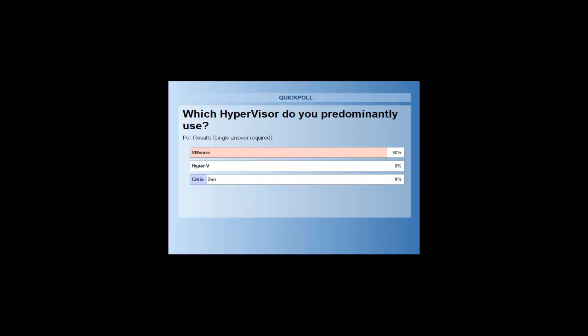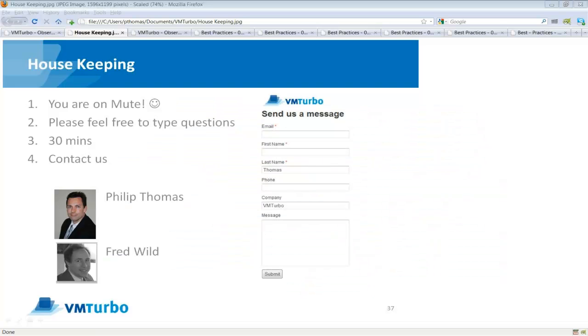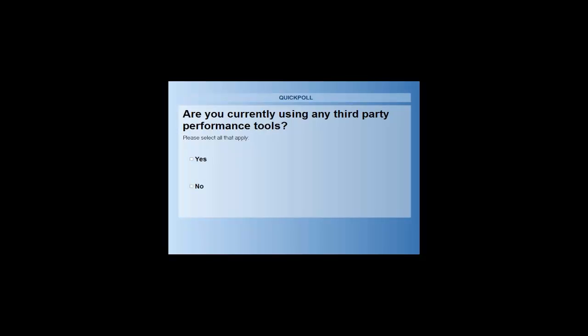That all said, I'd like to ask you to participate in another poll. Beyond the capabilities that come with your hypervisor, and I understand you're looking at vSphere and vCenter, are you using any other performance enhancement tools?